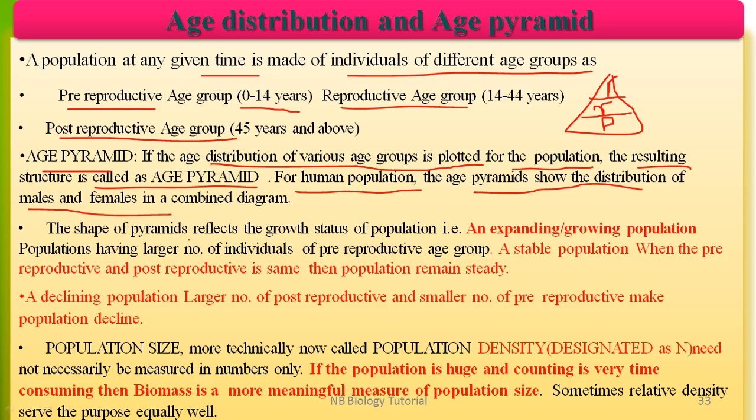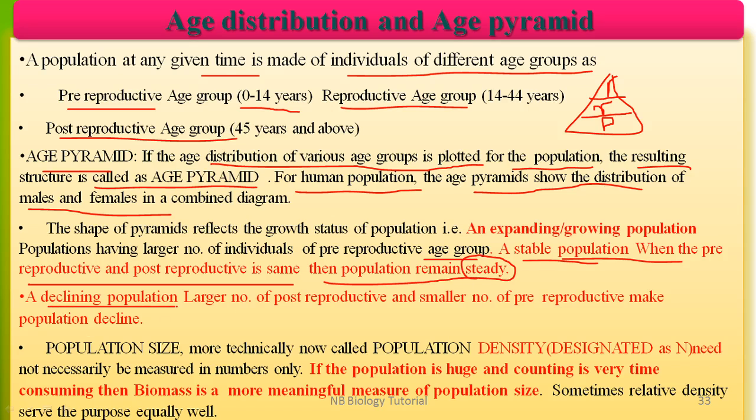The shape of the pyramid reflects the growth status of the population. An expanding, growing population has a large number of individuals in the pre-reproductive age group. A stable population is when the pre-reproductive and the post-reproductive are the same; then it is called a steady population.